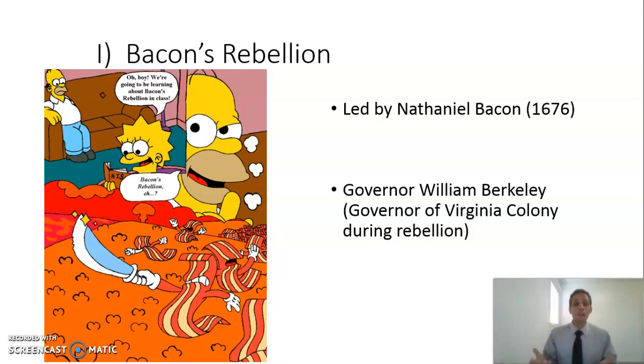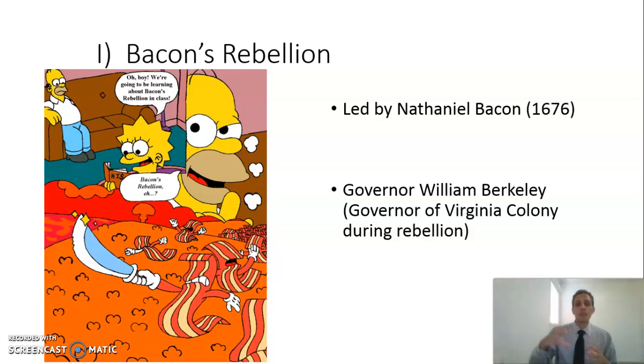Once they get their freedom, they're given something called freedom dues, where they would get a piece of land and usually a weapon, and a lot of times they would be sent out to these western frontier parts of the colonies.